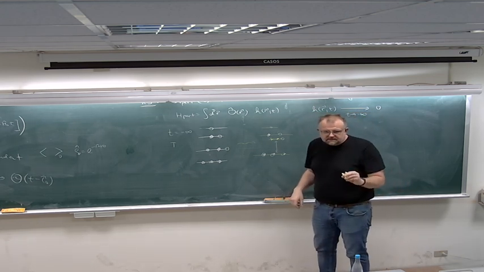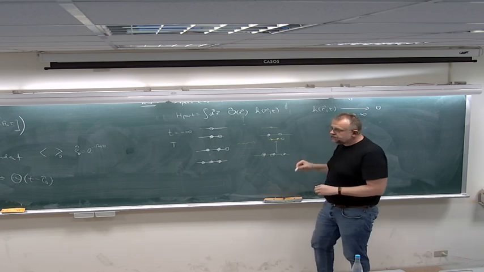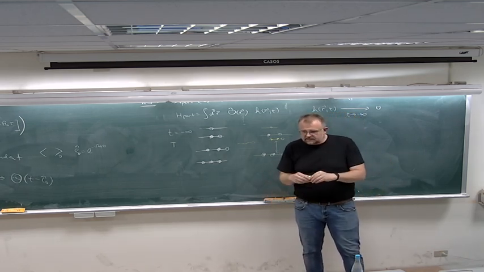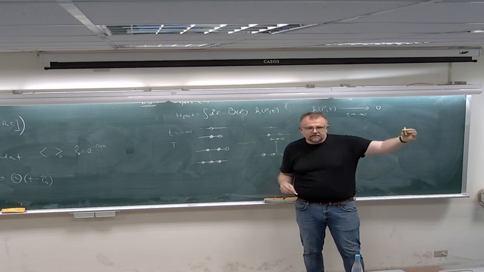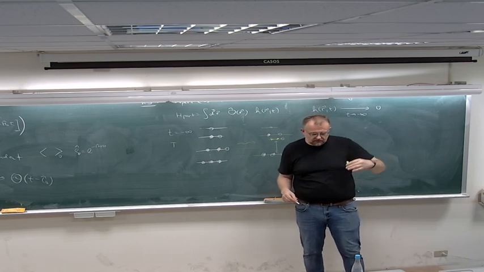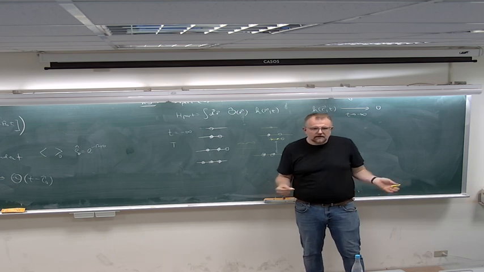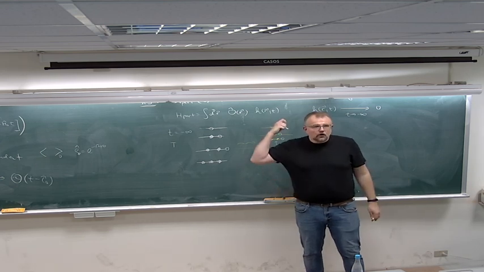For example, if you would like to take a sample and shine on it some light as a perturbation, harmonic, monochromatic light, and you would like to know how the system absorbs, this would be in this category.